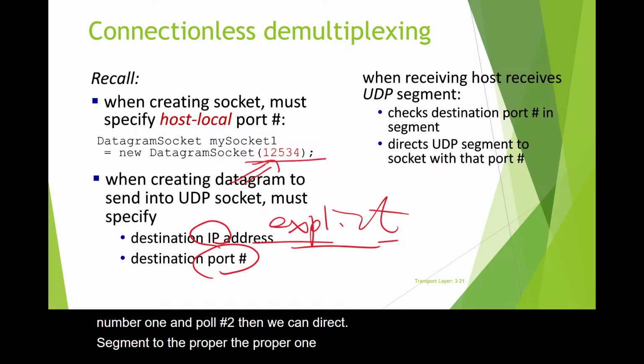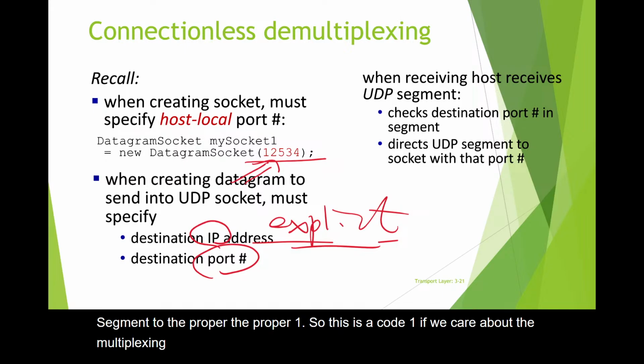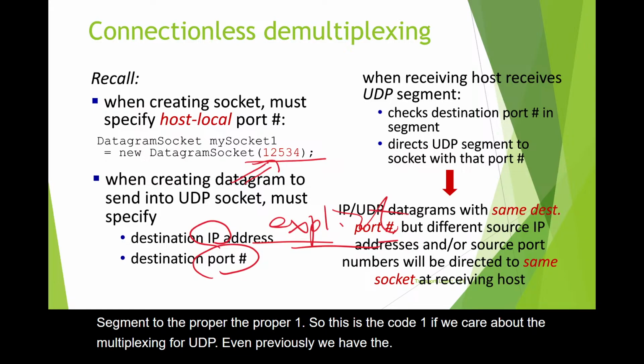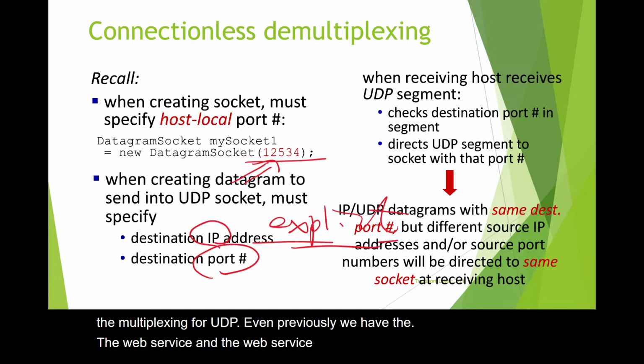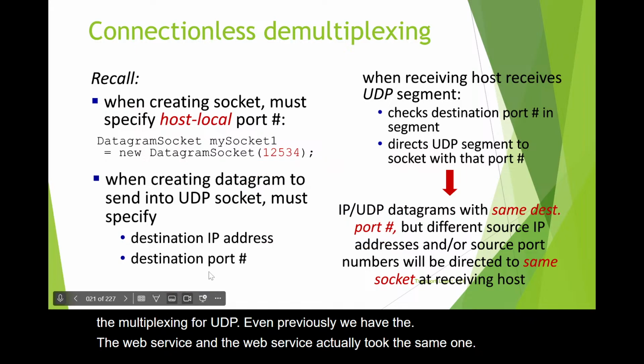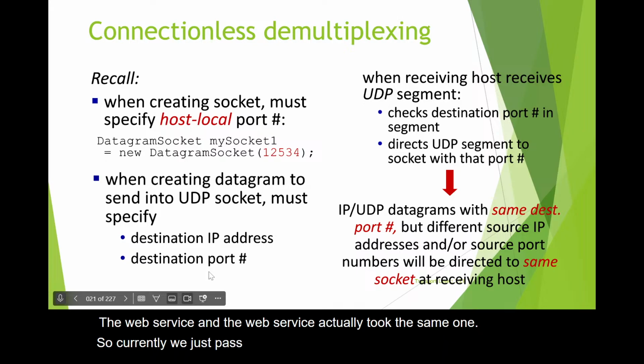So this is the current one. If we care about the multiplexing for UDP, even previously we have the web service, and the web service actually goes to the same one. So currently, we just pass on the IP and the port number for the receiving host.